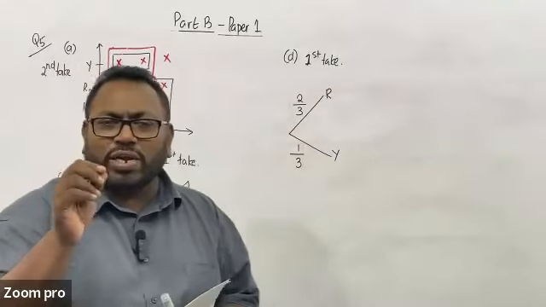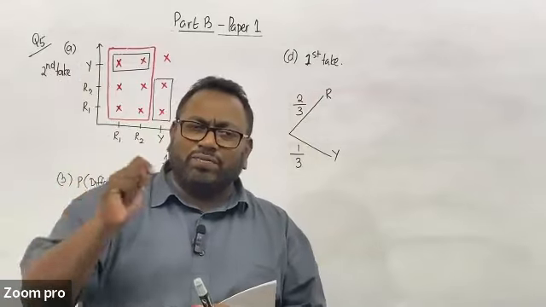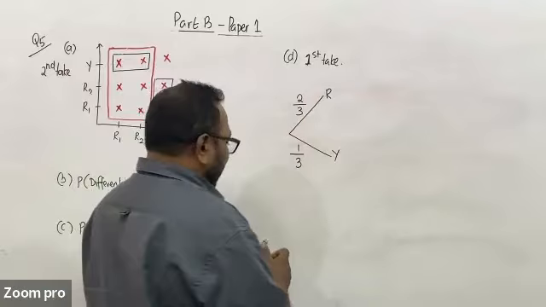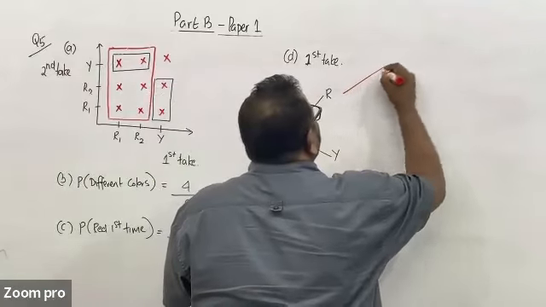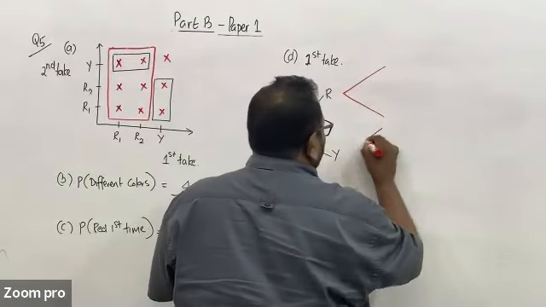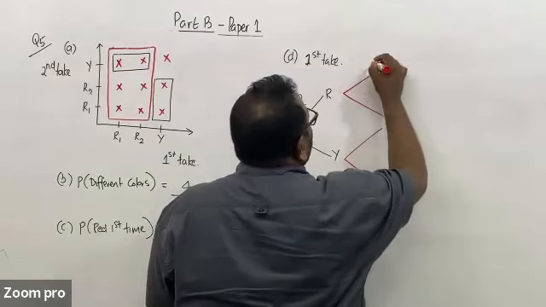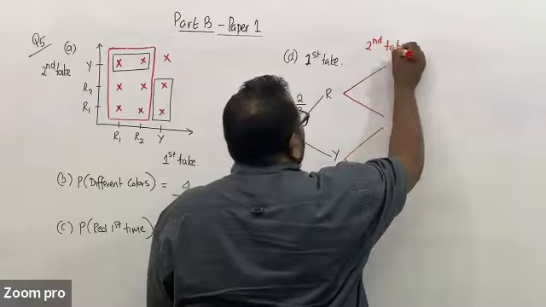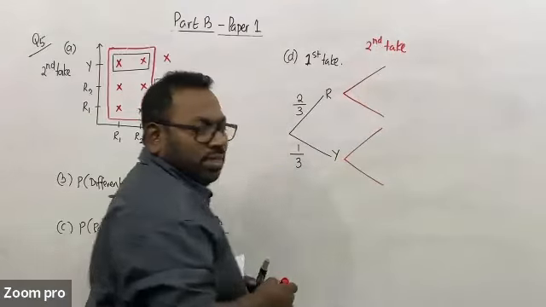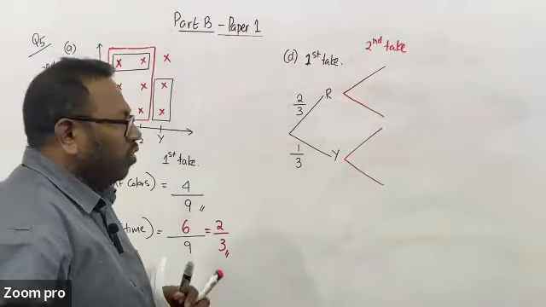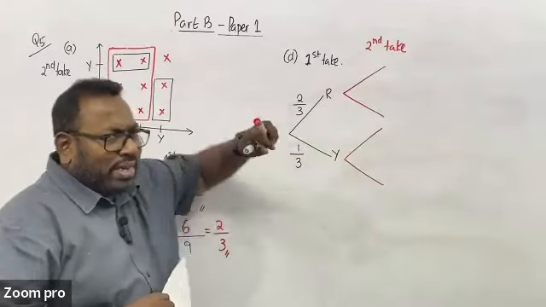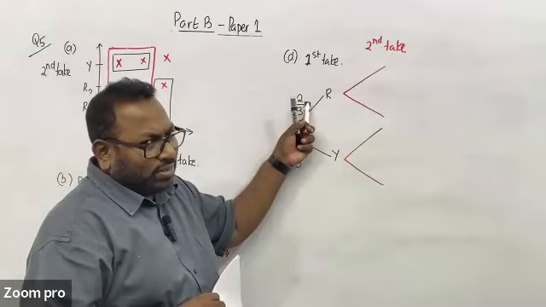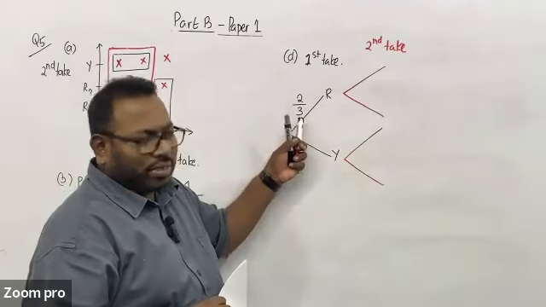Why? Because we are going to take another bead for the second time, second take, right? So for the second take, you'll again extend this. You'll extend it like this and say second take. Okay, so how do you look at this? You have to be very careful. For the first time when you take a red, the probability is 2 out of 3.